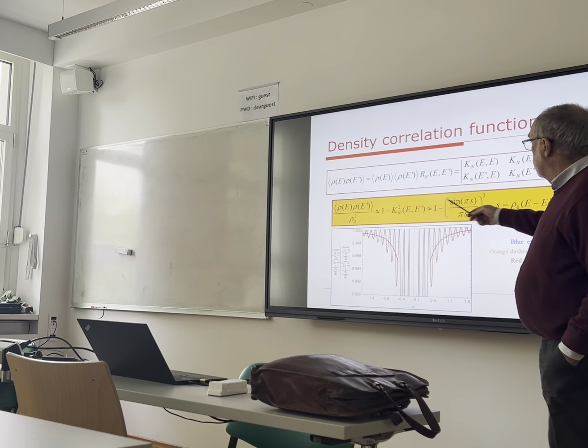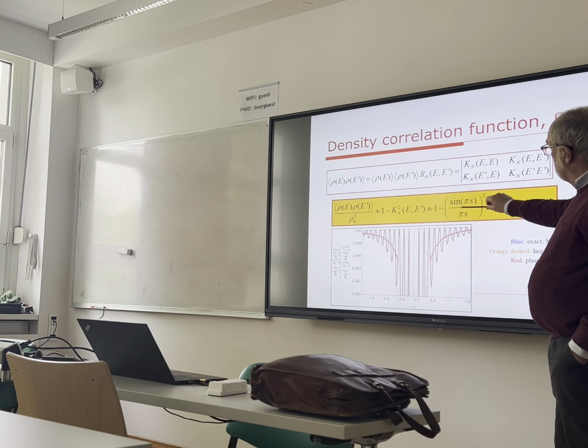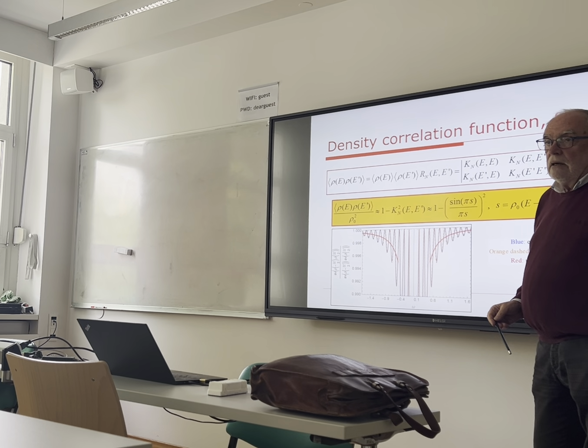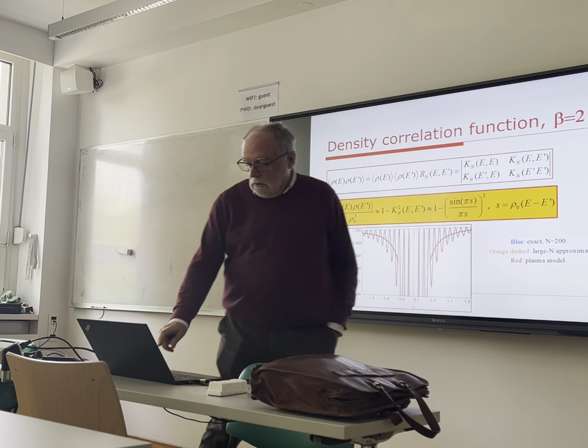It is obtained from this formula if I average sine squared over such oscillations. And we know that the average of sine squared is 1/2, and therefore we are here in the middle.